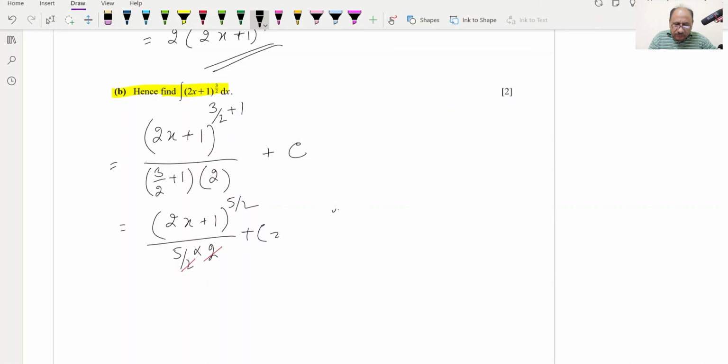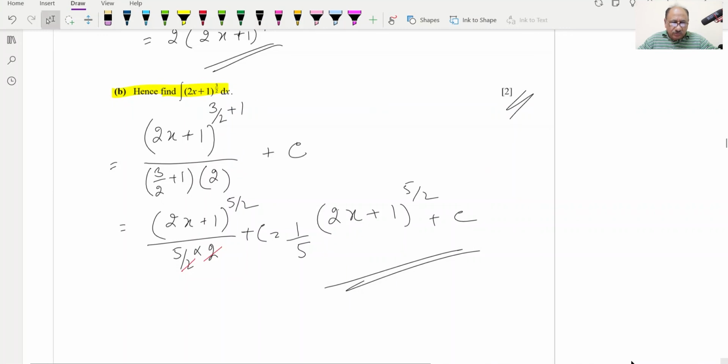So the final answer will be 2x plus 1 raised to the power 5 by 2, and the denominator 5 we can write as 1 over 5 and plus c, and this will be the final integral, which is for 2 marks. This question is also done.